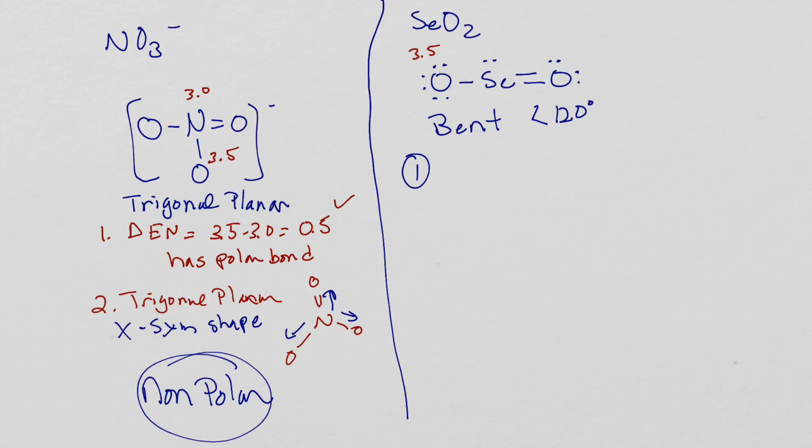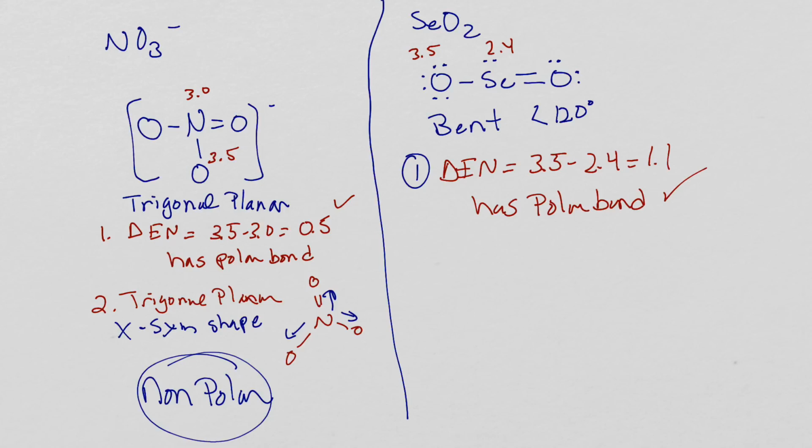Selenium is 2.4. So we have a difference in electronegativity here of 3.5 minus 2.4, or 1.1. This again is definitely a polar bond. So we can say yes to that one.